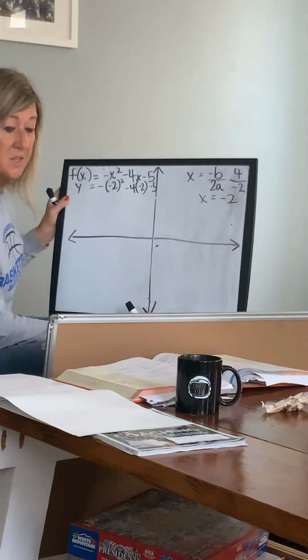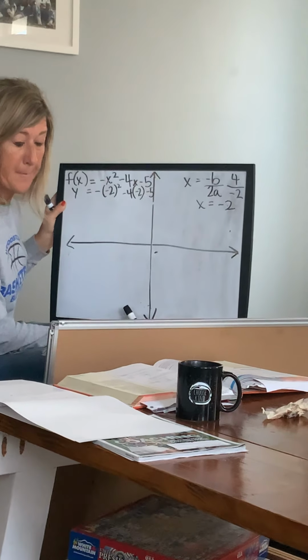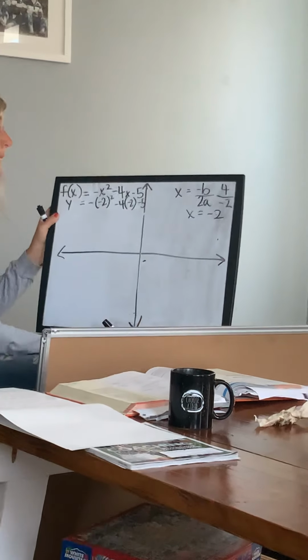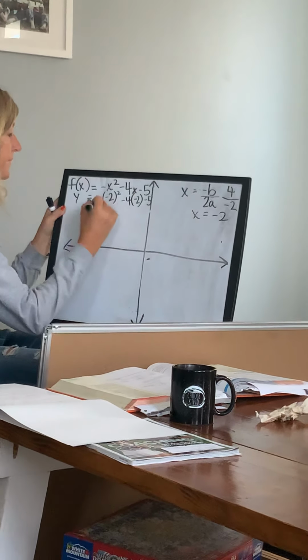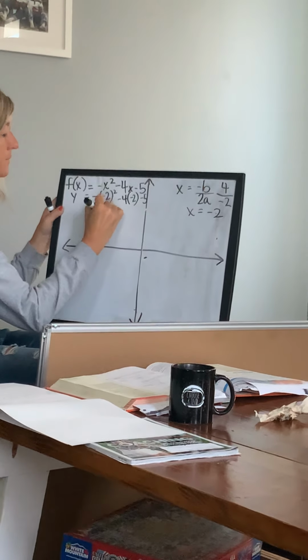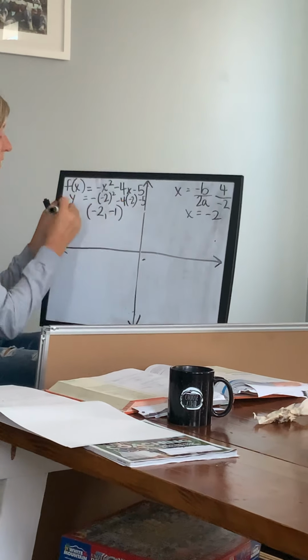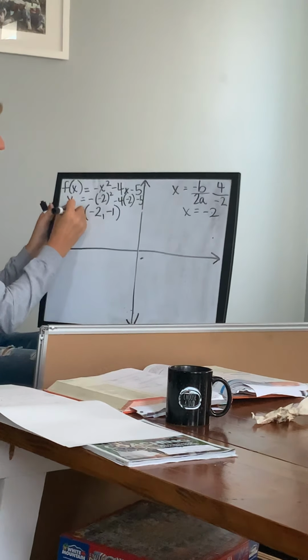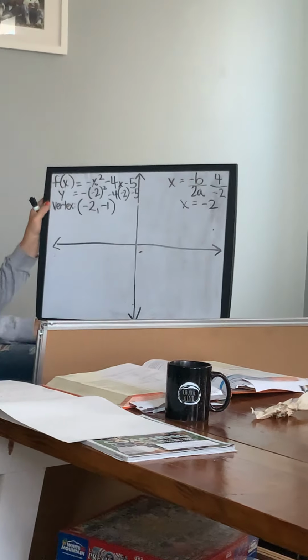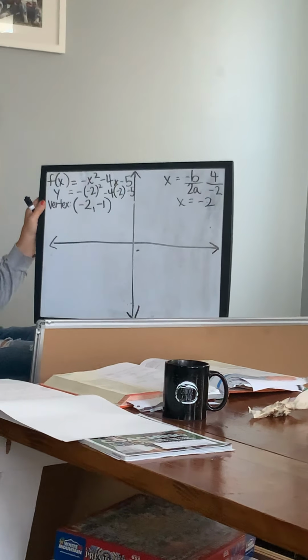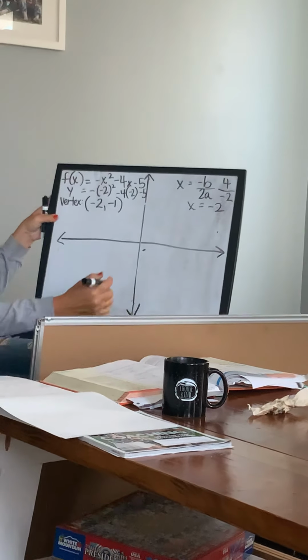I'm giving you guys a second to write that down. So our vertex is negative 2 comma negative 1. All right, so that's the first thing we graph.